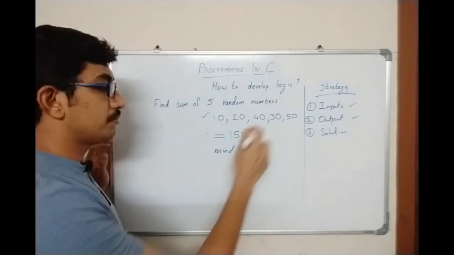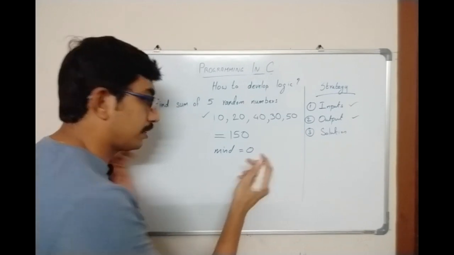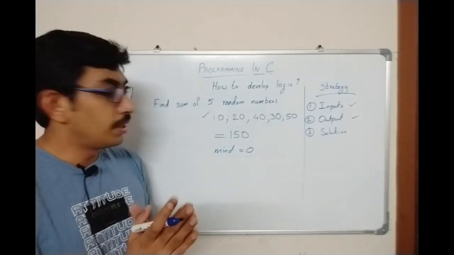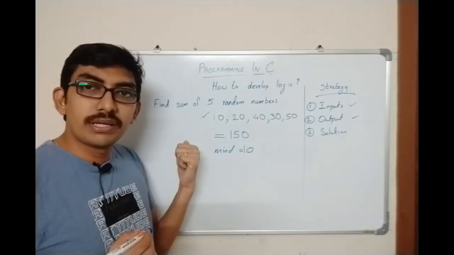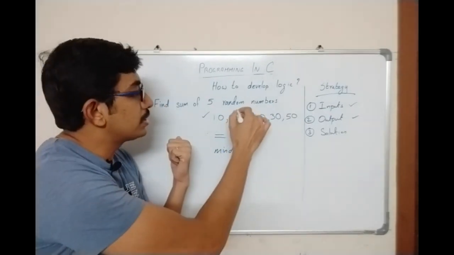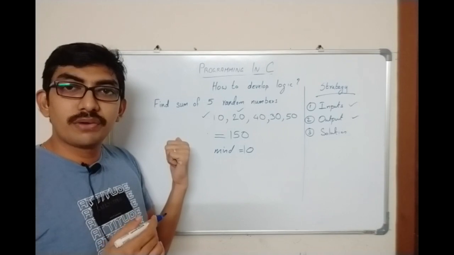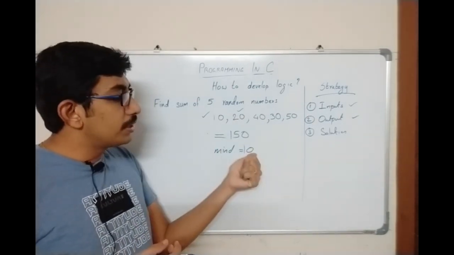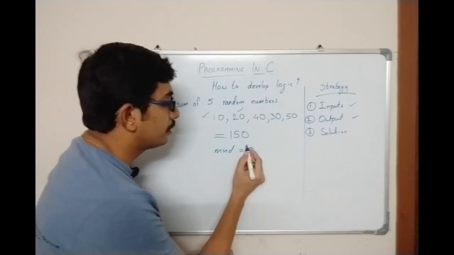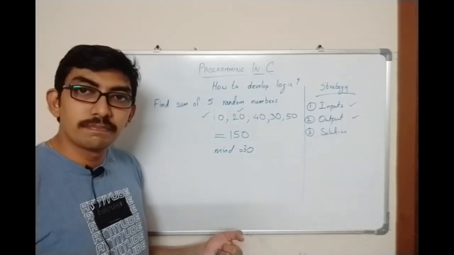Before I give the numbers, in your mind you have nothing, which means you have a 0. When I said 10, you updated that and made it 10. When I said the second number 20, what did you do? In your mind you had 10, you added 20 to that and kept it as 30.